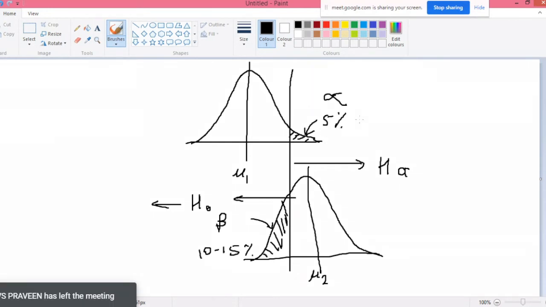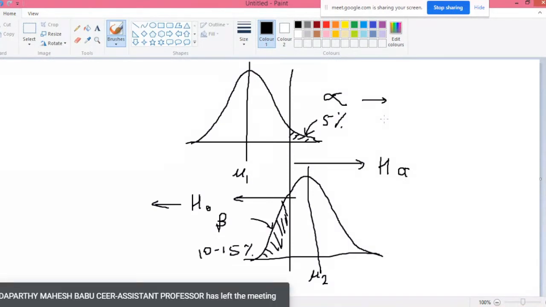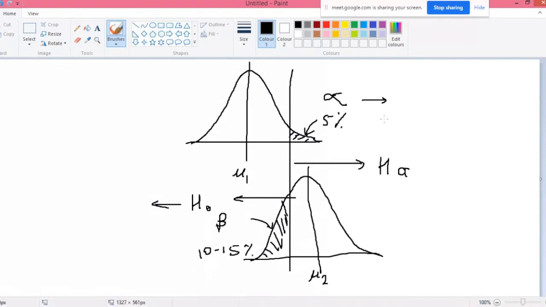Alpha risk says we are detecting an effect which is not present. So it is a wrong conclusion. This 5% risk means we are detecting a difference which is not present. And what is beta risk? Beta risk is that actually the difference is there, but we are not able to detect that difference, and hence we are saying that these both means are the same.